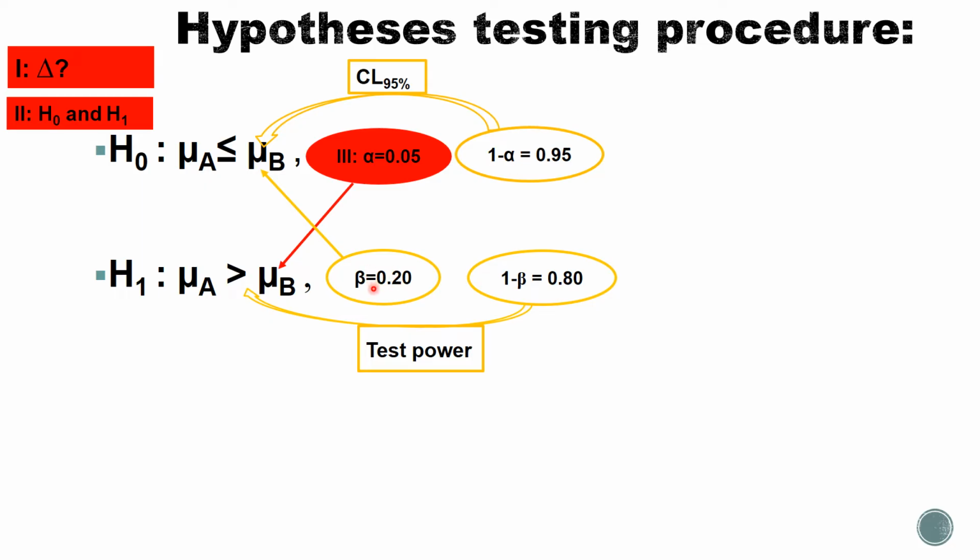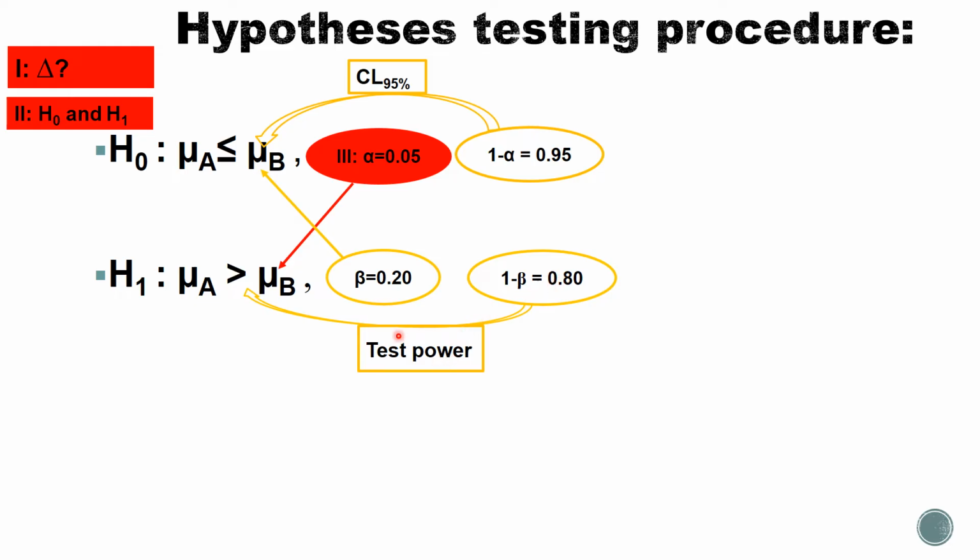The probability of the alternative hypothesis not being true. The probability of the alternative hypothesis not being true is what we name as beta risk, in other words, due to sampling error. Now, if we know this to be 0.2, then the probability of the alternative hypothesis being true would be what? 1 minus the probability of it not being true. And that is what we term as the power of our test.